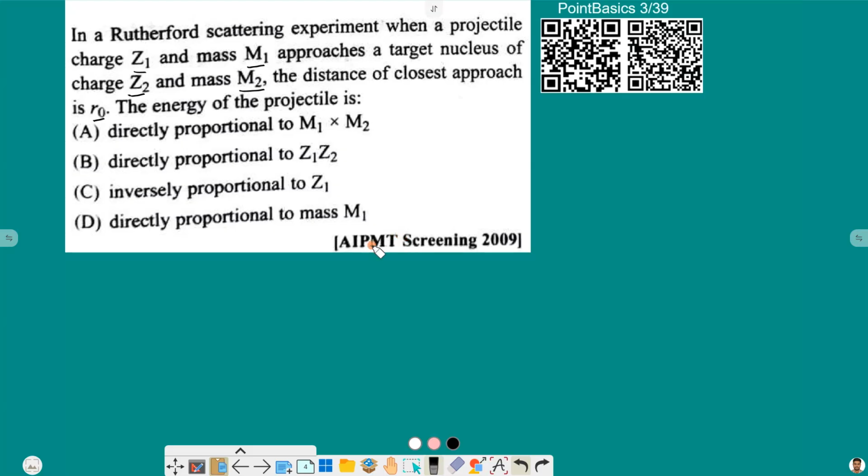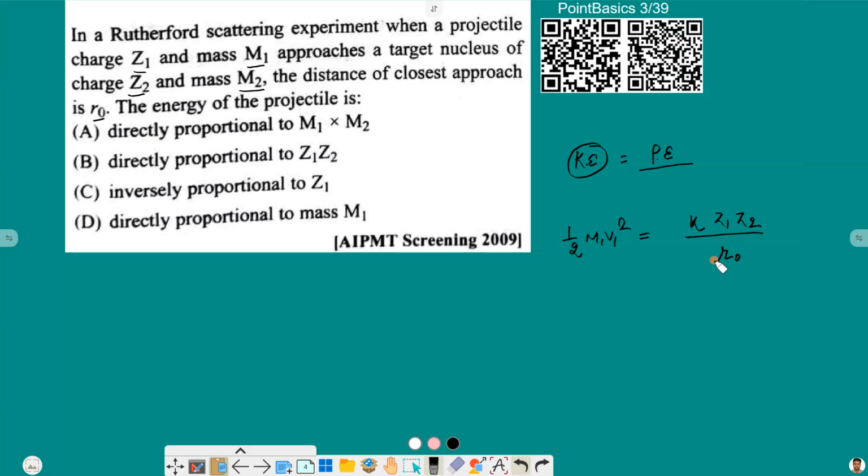Basically, the energy of the projectile is its kinetic energy, and we have already discussed that kinetic energy will be conserved in the form of potential energy. So we can write half m1 v1 square, that is the energy of the charged particle m1 moving with some velocity v1, and that will be equal to k times the charge of the first particle Z1, the charge of the second particle Z2, divided by the distance r.